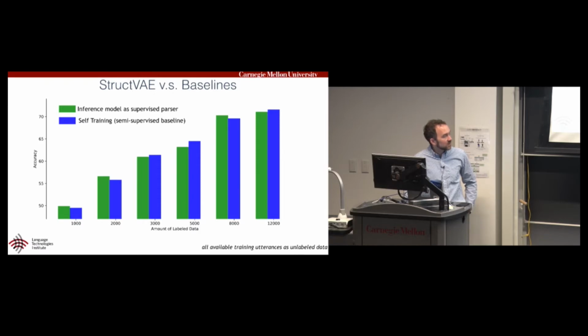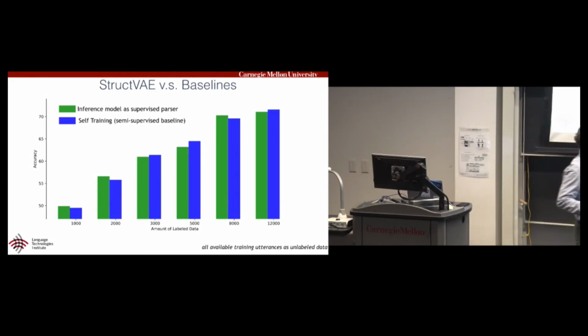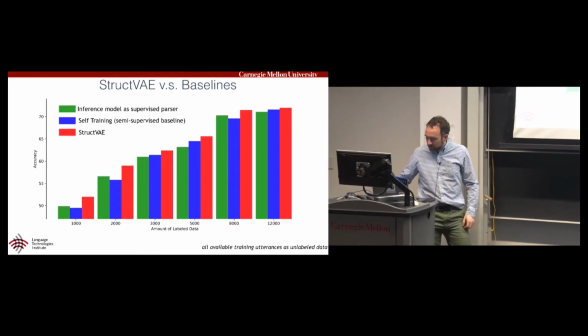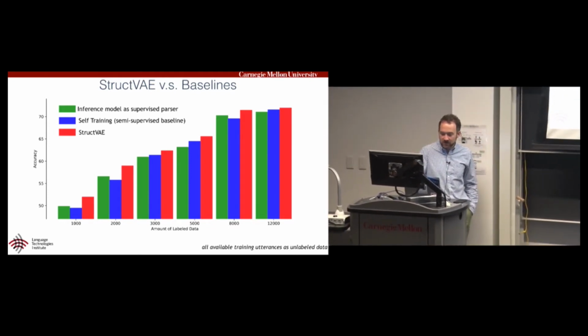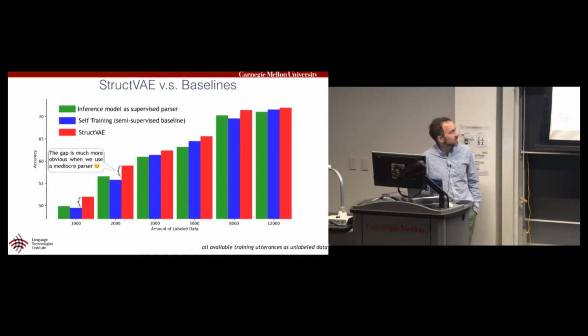Basically, the gains were good sometimes and bad other times. Oh, sorry, the x-axis here is the amount of labeled data. So this is a very low data scenario to a relatively high data scenario. And then our method is the final method here, and this got consistent gains over both of these methods in all of the data scenarios. And particularly, when we had very few data, we were able to get the largest gains in our accuracy.